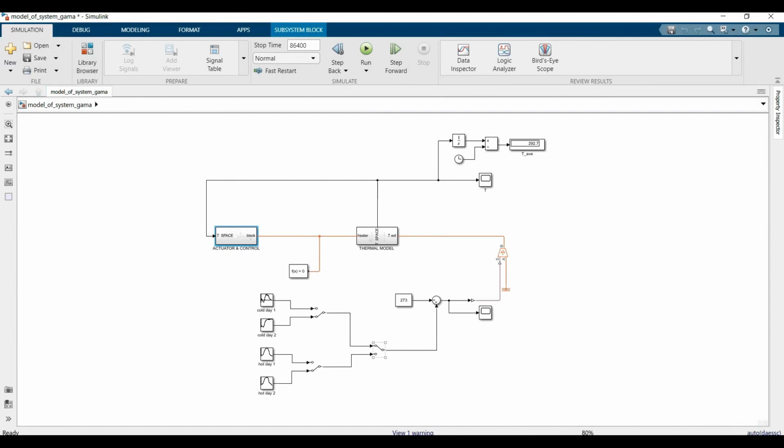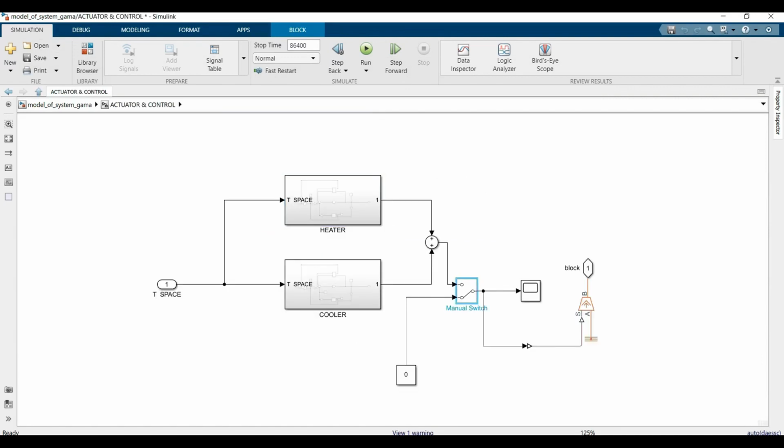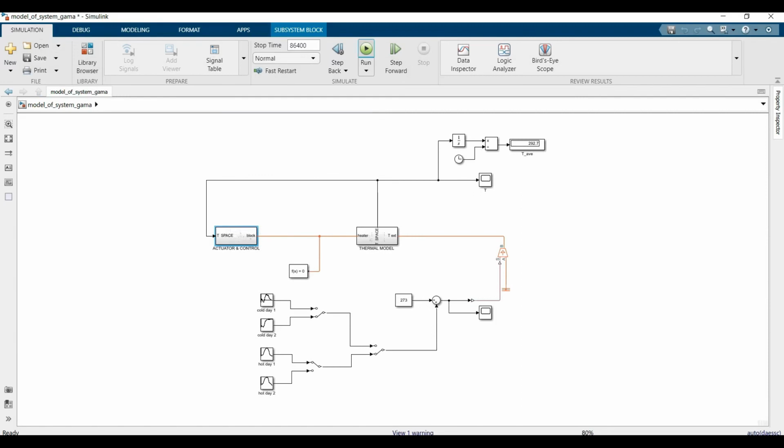Now I choose the hot day 1. Now I don't consider the actuator and control system, and run. The temperature average is 302.2, that is higher than the specific value that we determined for the upper limit for the temperature.